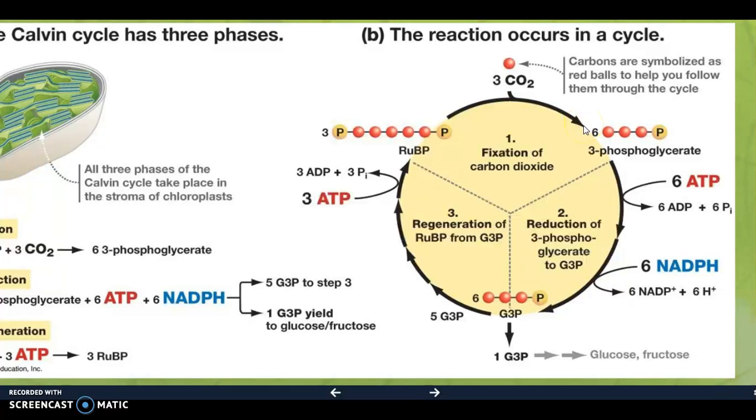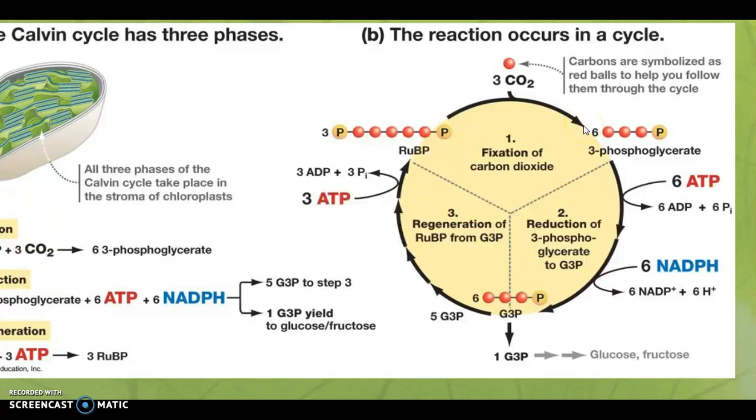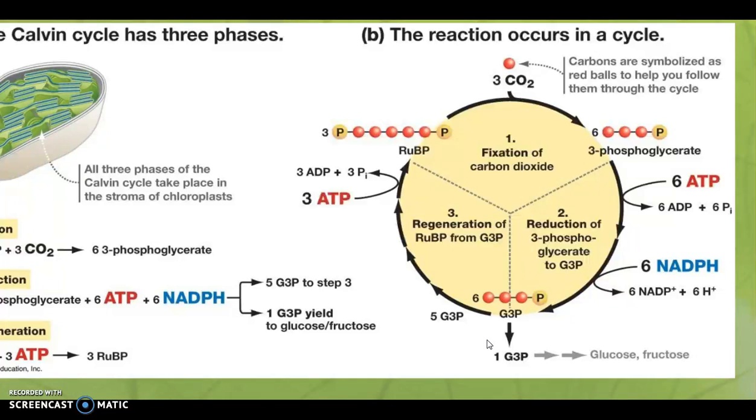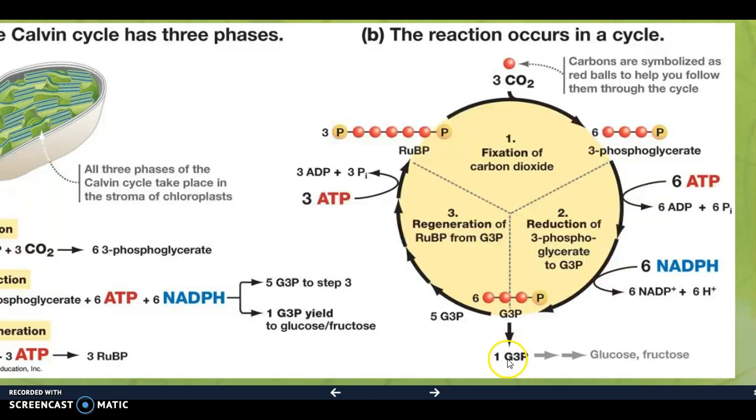In the next step of the Calvin cycle, that 3-phosphoglycerate is reduced. So we use some of those high energy molecules to phosphorylate and reduce 3-phosphoglycerate. And here's a little surprise. This is our first and most important product of the Calvin cycle, something called G3P. So G3P is not really sugar, is it?